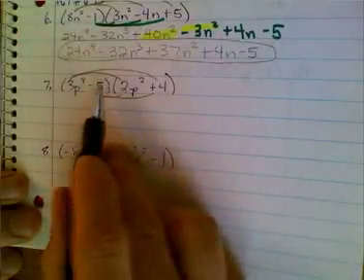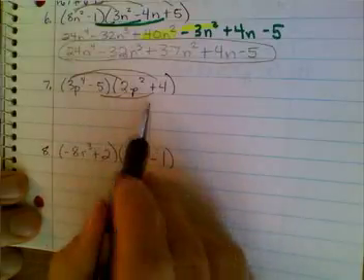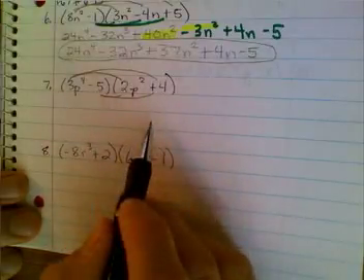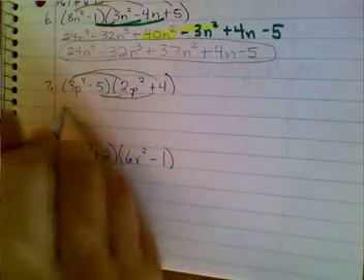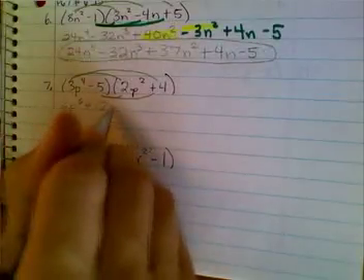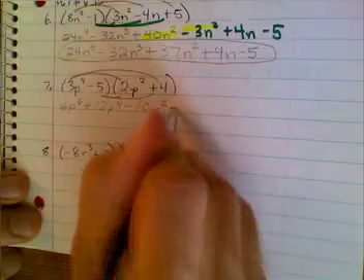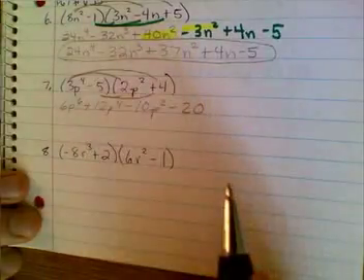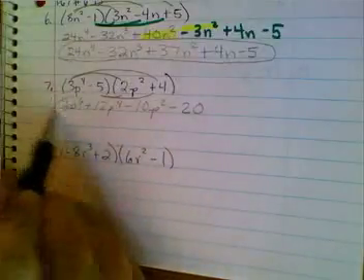You're distributing each term from the first polynomial into each term in the second polynomial. So here we go. 6p to the 6th plus 12p to the fourth minus 10p squared minus 20. And it looks like that one's finished because there are no like terms.